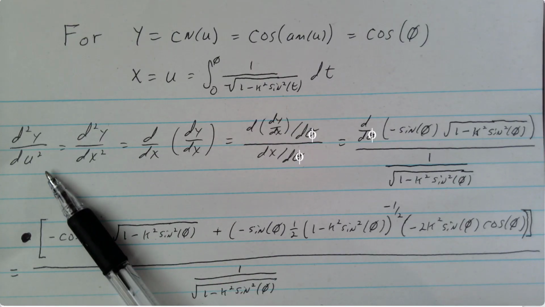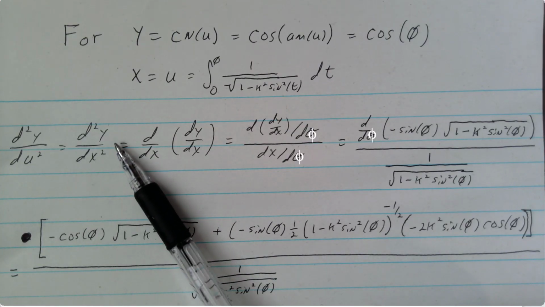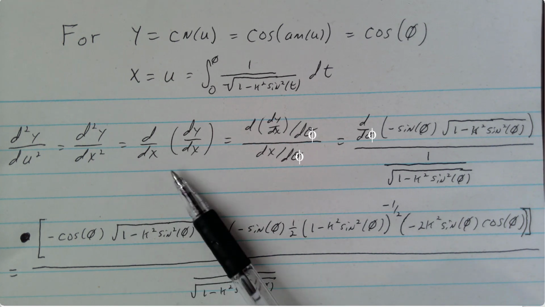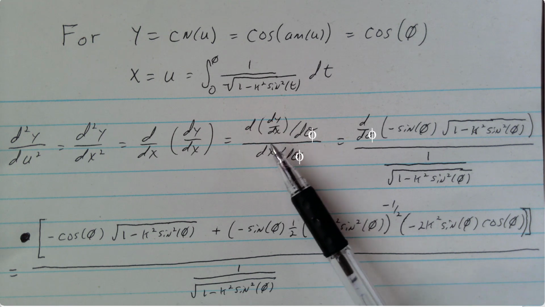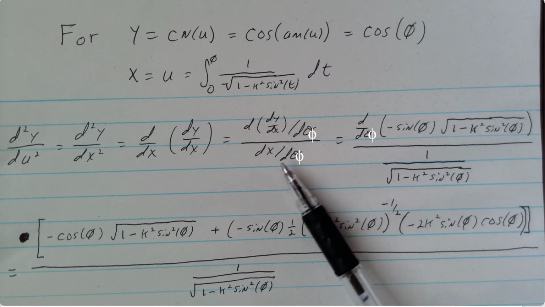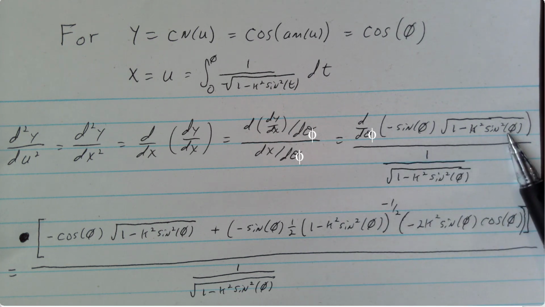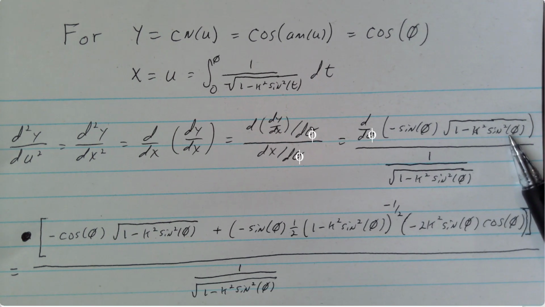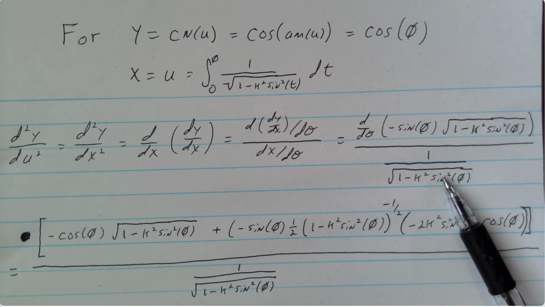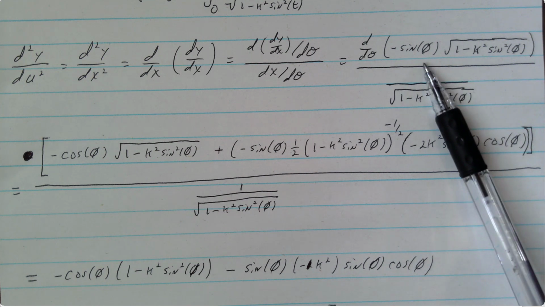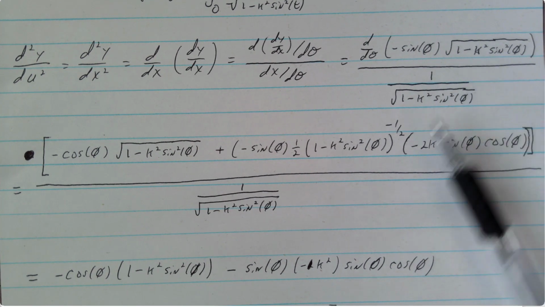So the second derivative will be d squared y dx squared. And that'll be d dx of dy dx, which is d of dy dx, d phi over dx d phi. And so I have to take the derivative. Well, there it is. There's what we got before. And then dx d phi is that. So we won't go through too much there. But use the product rule here.